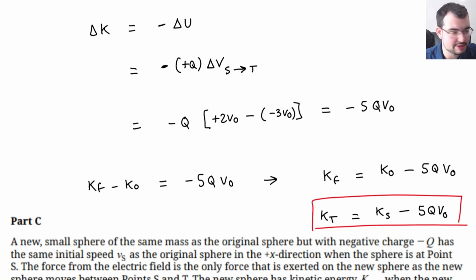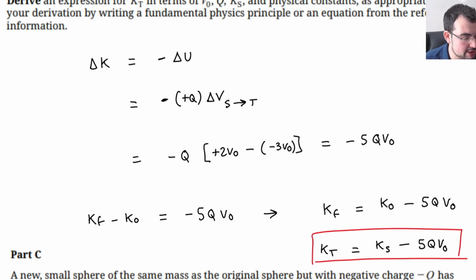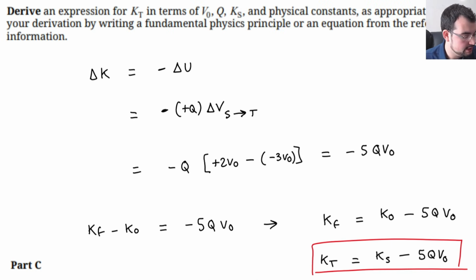So notice this is consistent, right? Because it says our kinetic energy will in fact decrease because Q is positive. So how do you get points? Here's your B3. This is your answer point. I imagine this is a point. Delta K is minus delta U, something like that. Energy conservation. And I'm sure you get a point for the potential difference between the two points, probably.